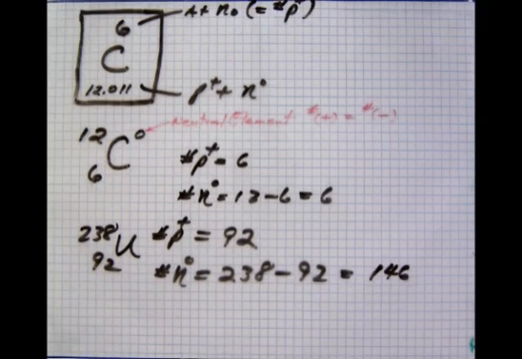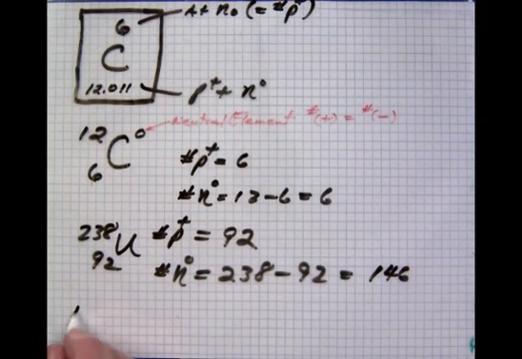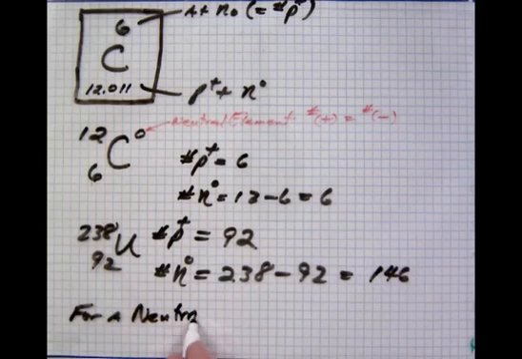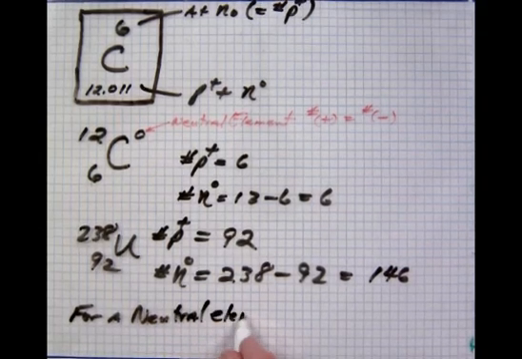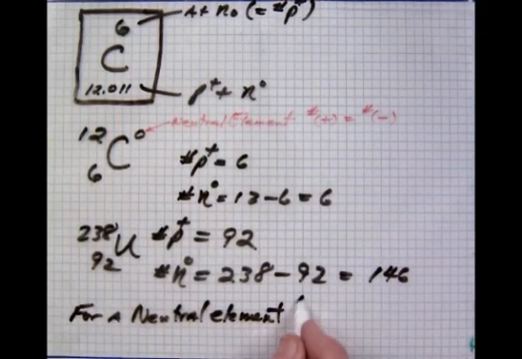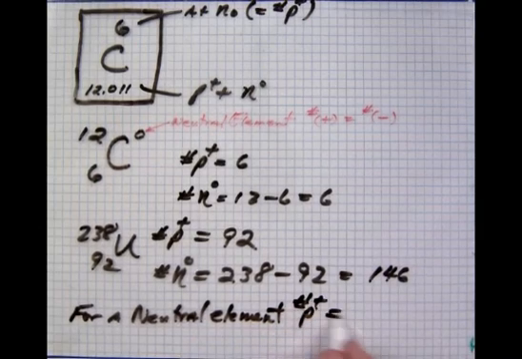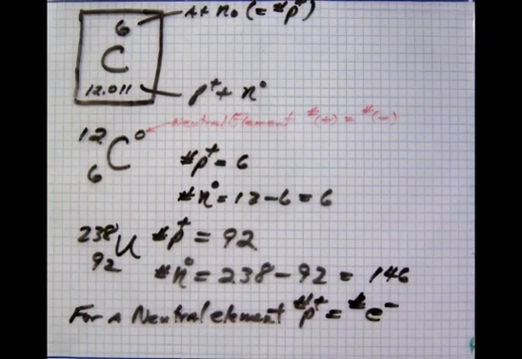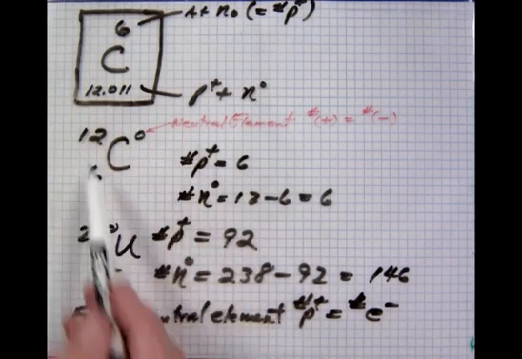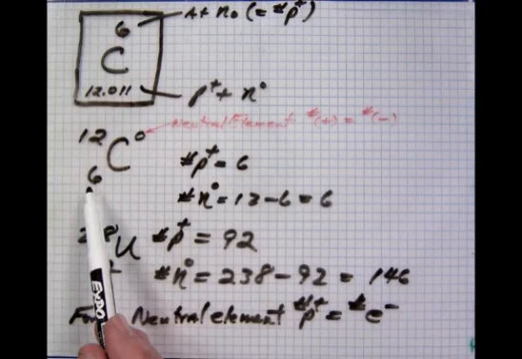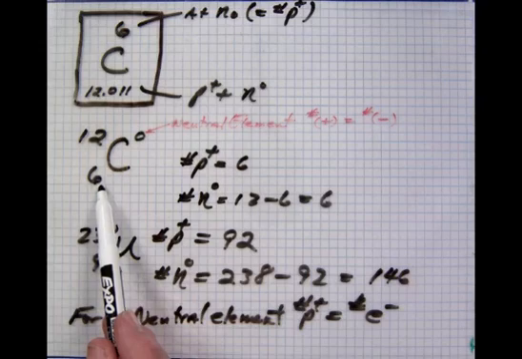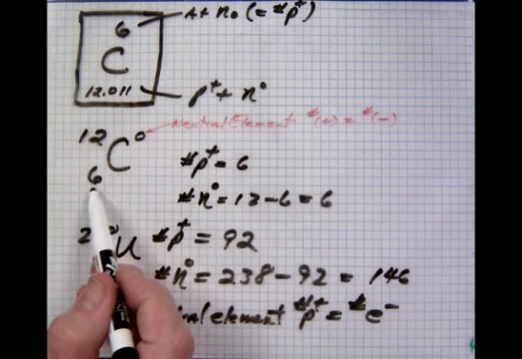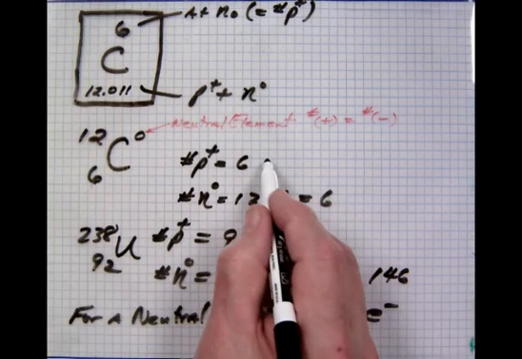Now, for a neutral element, the number of protons equals the number of electrons. So if you were looking at carbon, for example, and you've defined the number of protons to be 6, in a neutral, as I've shown here, you have 6 electrons.